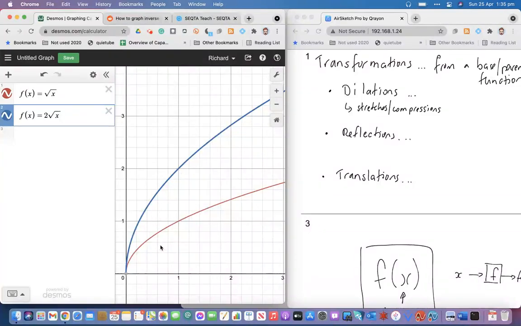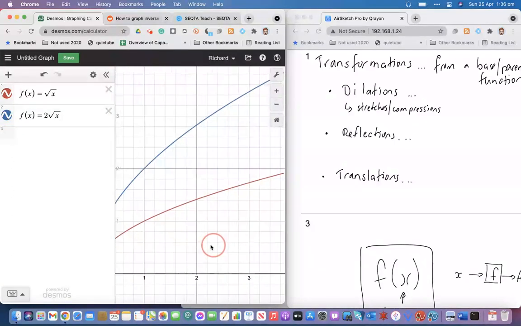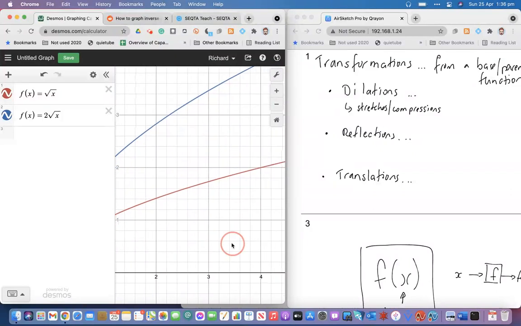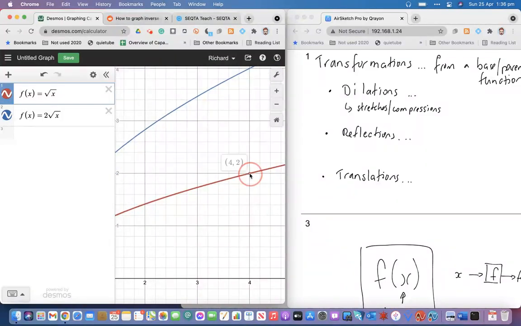So we can see that this graph is stretched away from the x-axis. Okay, so it's a dilation away from the x-axis of a factor of 2. Similarly, let's see if I can find a nice one like this. 4 has, at x equals 4 on the base function, we have y equal 2 because the square root of 4 is 2.